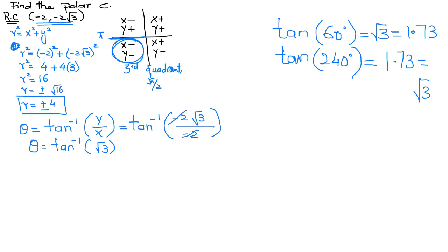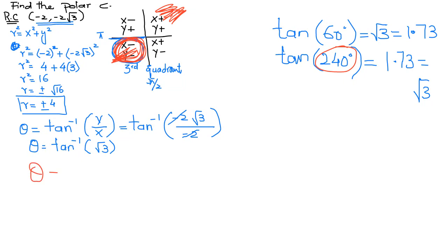Now, I told you that our point is in the third quadrant. 60 degrees is in the first quadrant, and 240 degrees is in the third quadrant. So which one will we take, 60 or 240? 240.